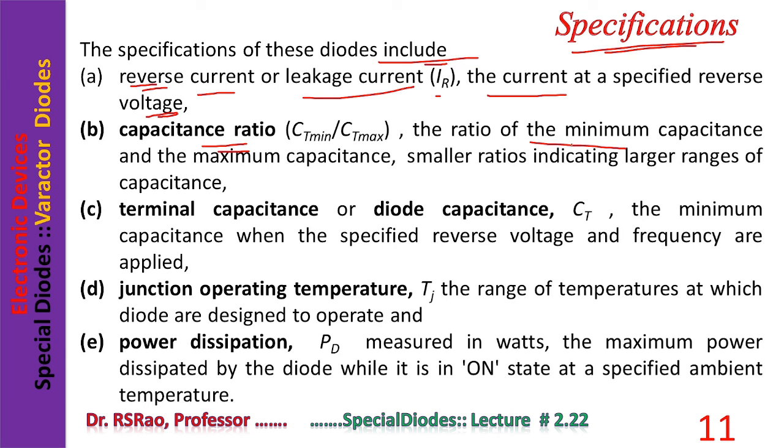Ratio of minimum capacitance to maximum capacitance. Smaller ratios indicating larger ranges of capacitance. Terminal capacitance or diode capacitance. This is another specification, CT. The minimum capacitance when the specified reverse voltage and frequency are applied.